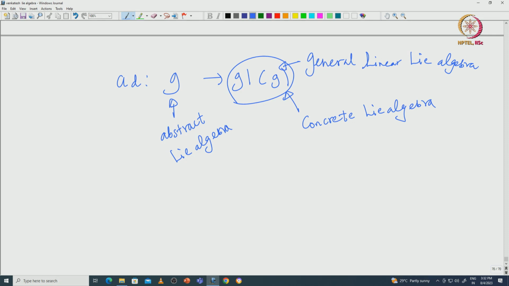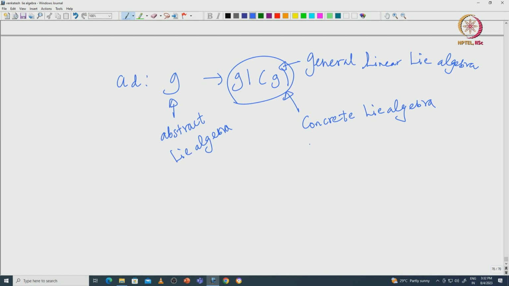Suppose this G becomes isomorphic to some subalgebra of GL(G), then we can do lots of computations. So, that will be useful. But the thing is, it is not always true. Actually, it is true for finite dimensional Lie algebras over complex numbers.